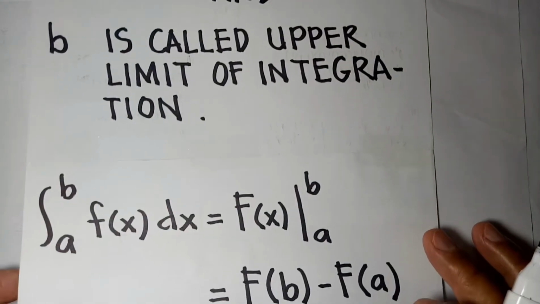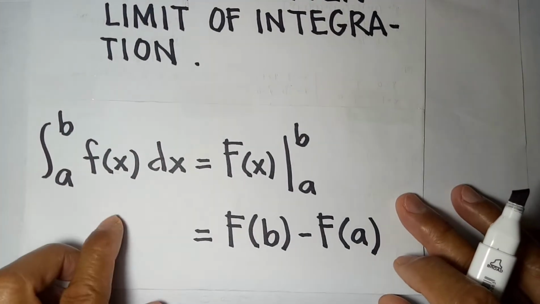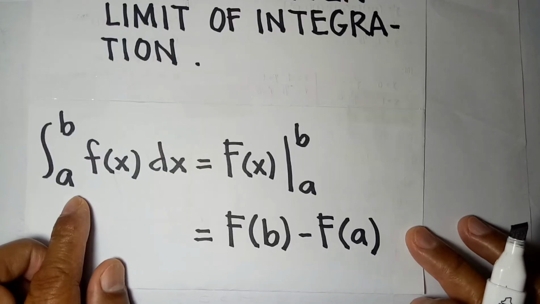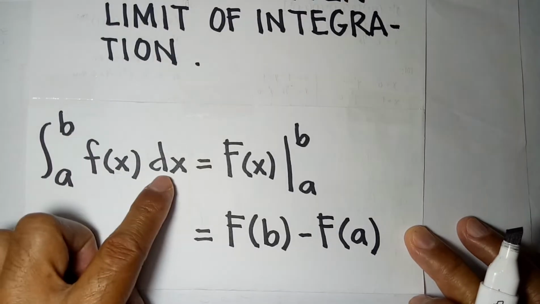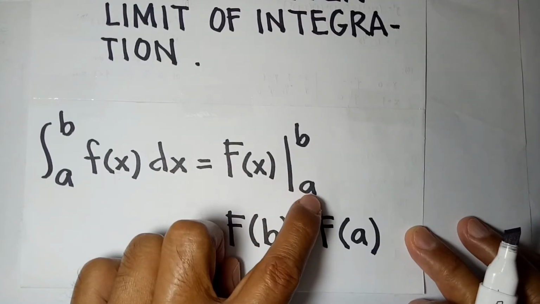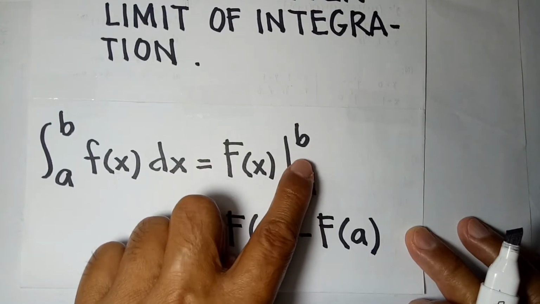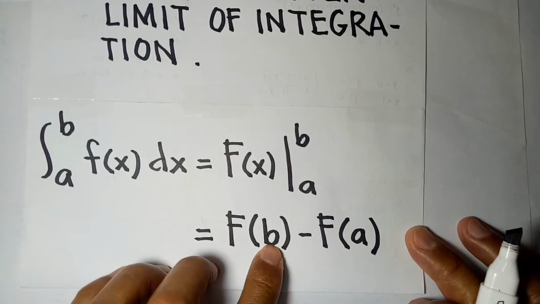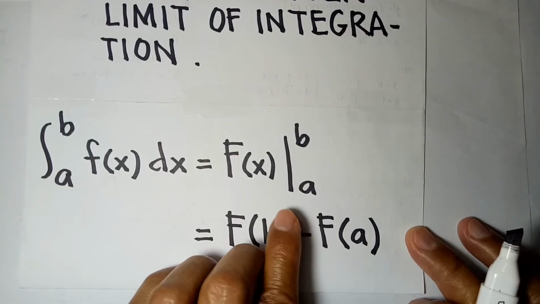So this is how to evaluate definite integral. So the integral from a to b of f of x dx equals F of x to be evaluated from a to b, and it is equal to F of b minus F of a.